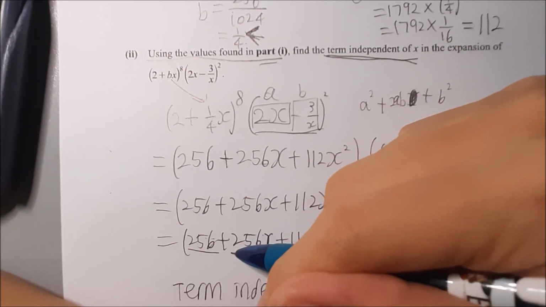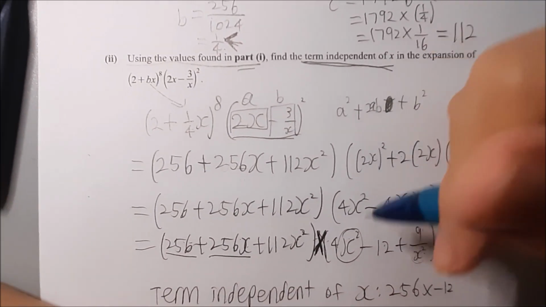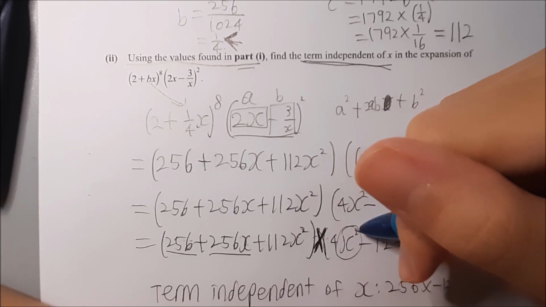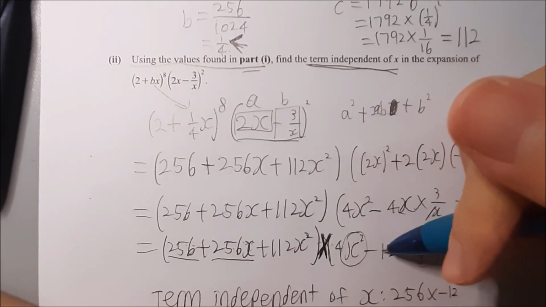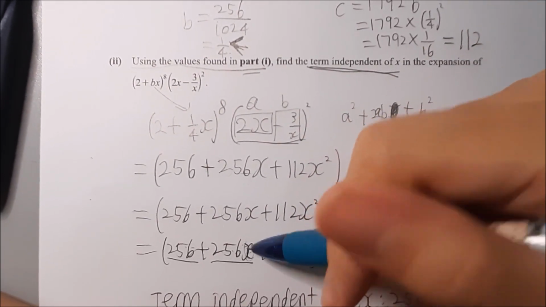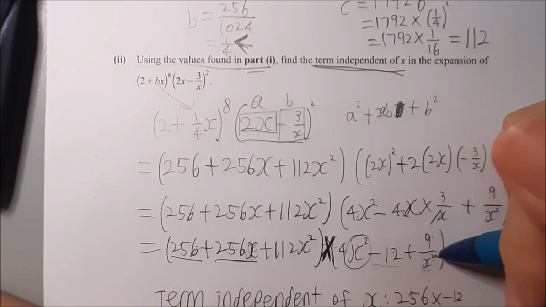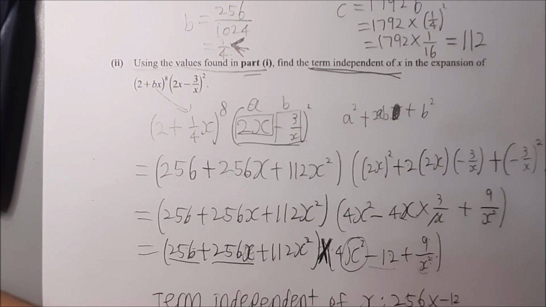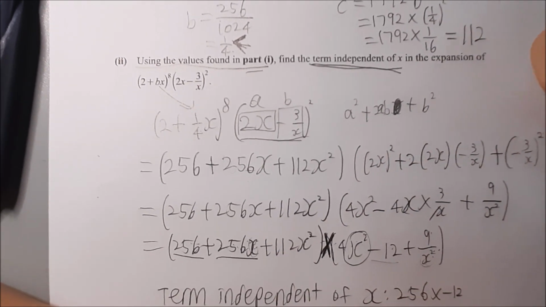So the next one is 256x. 256x times 4x squared, that is wrong because it still contains the x value. 256x times negative 12, that is still wrong because 256x contains the x value. But 256x times 9 over x squared, well, that is still wrong too because it still contains the x value.